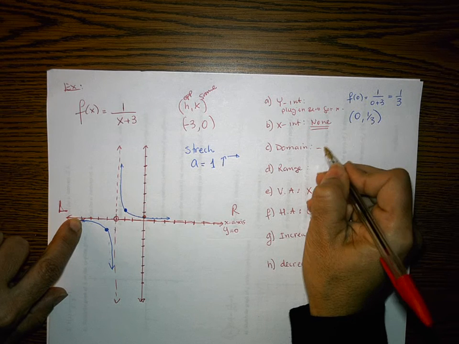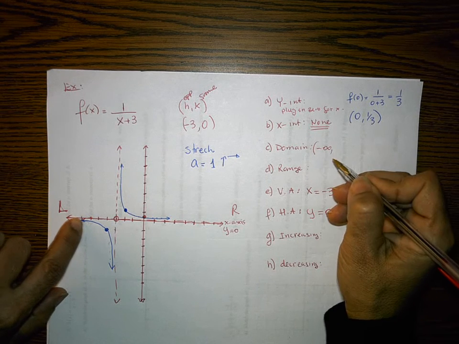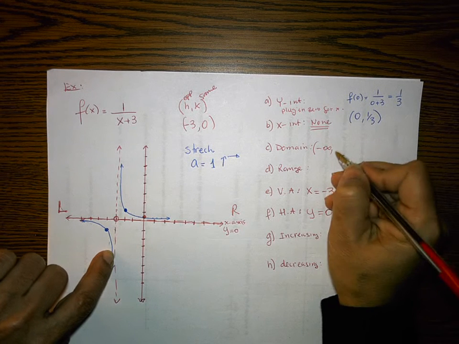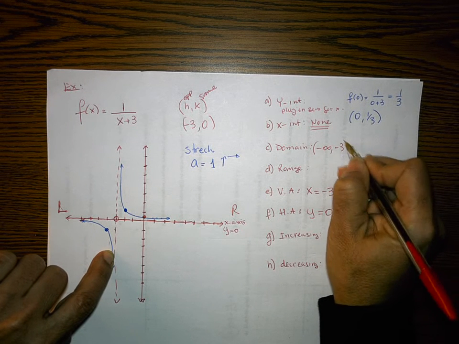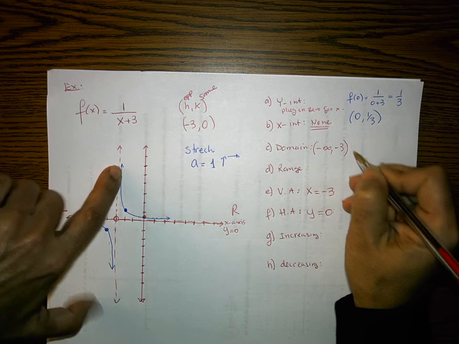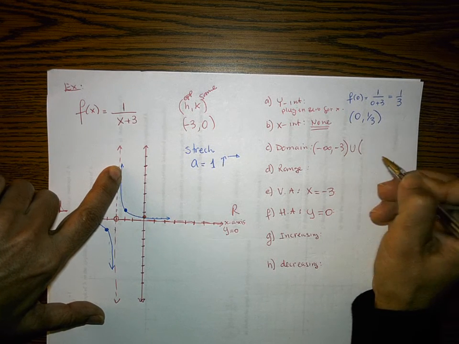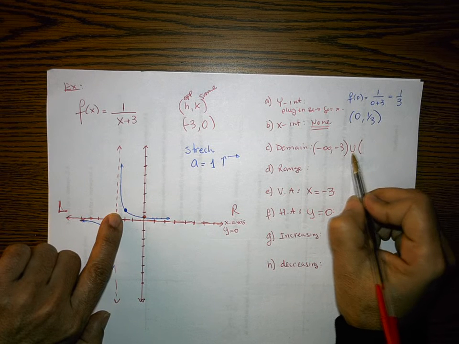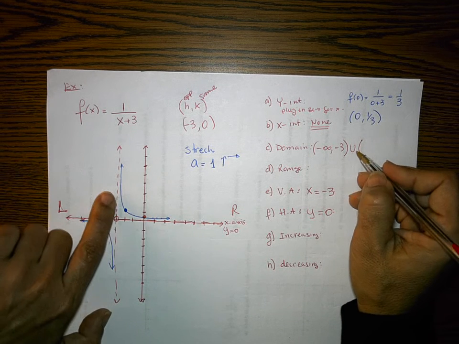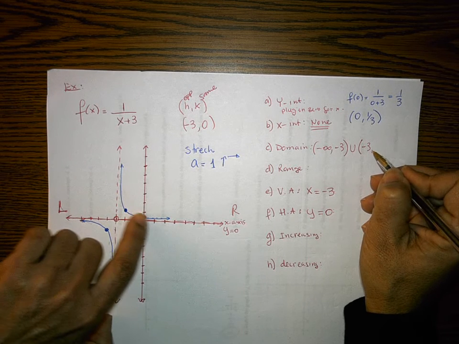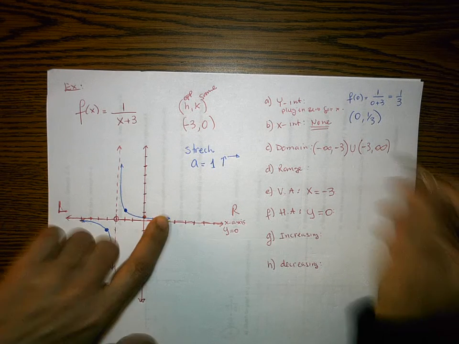Then I keep coming and I get larger and larger values, but I never reach -3, so I put parentheses. I jump over the -3 and I get the super high values over here. So as the union, when I jump over, I create this union right here. And then I jump over the -3, and then I continue going toward positive infinity, okay?